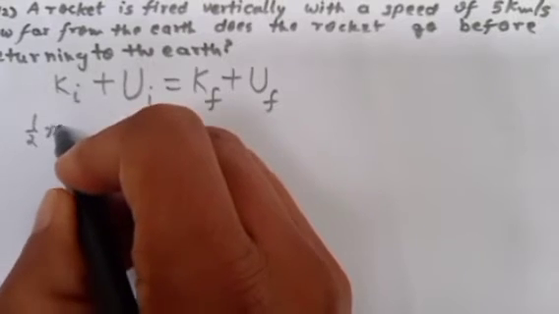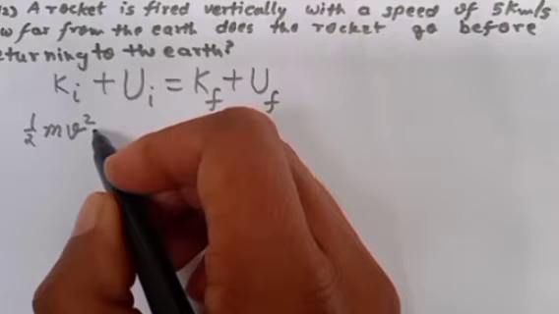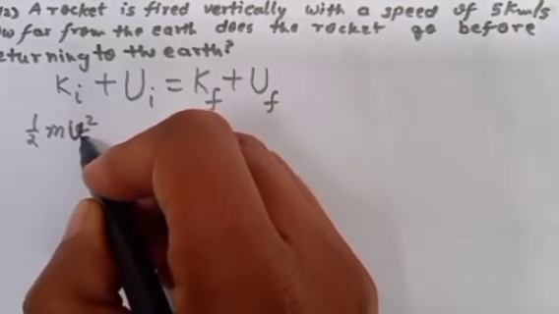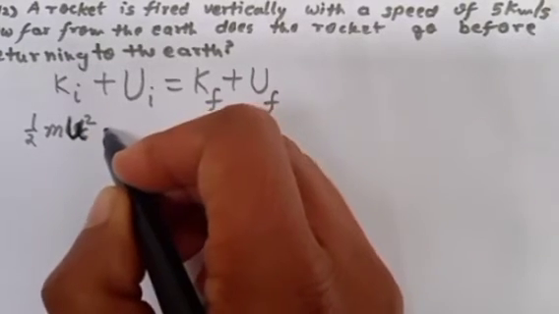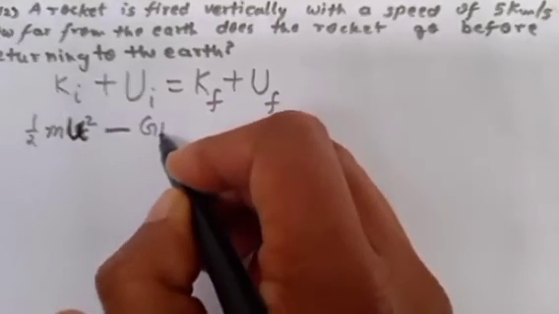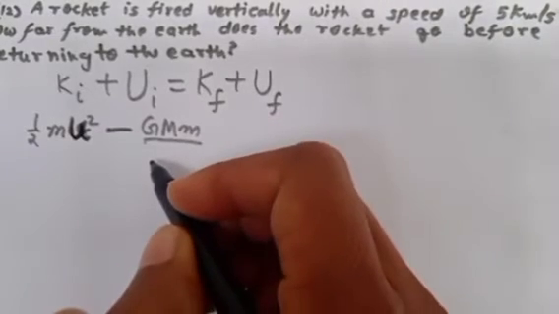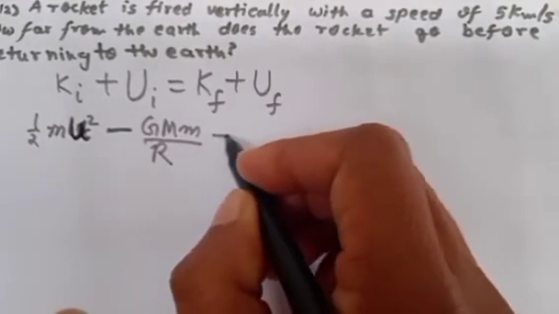Half m v square, but instead I have to write u square, as we are using initial velocity, minus GMm upon R on the surface of earth.